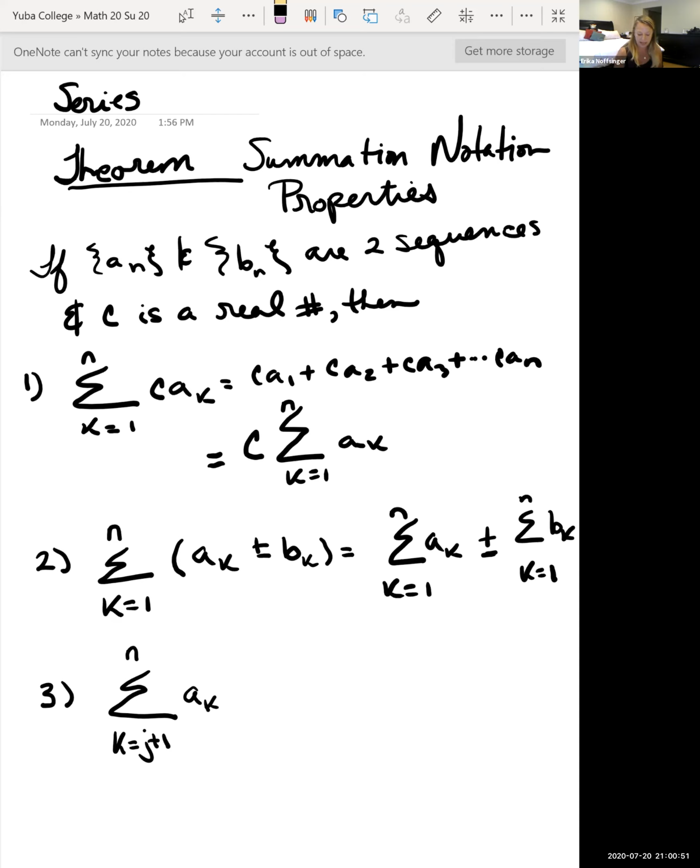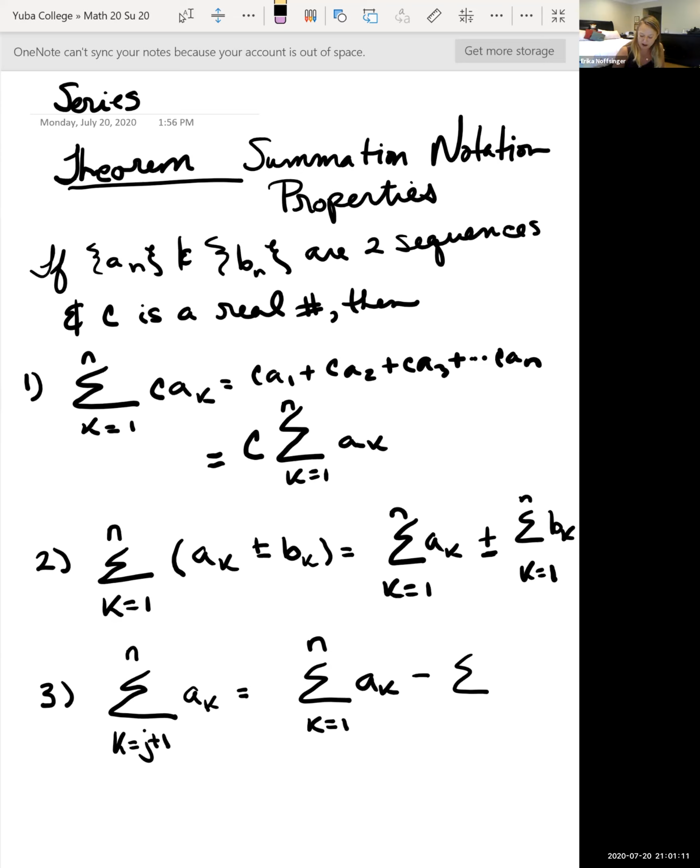And so if this happens, well, if we look at k equals 1 to n, we take and sum all those terms, and then we subtract off the terms before we get to j plus 1, because we don't want those.